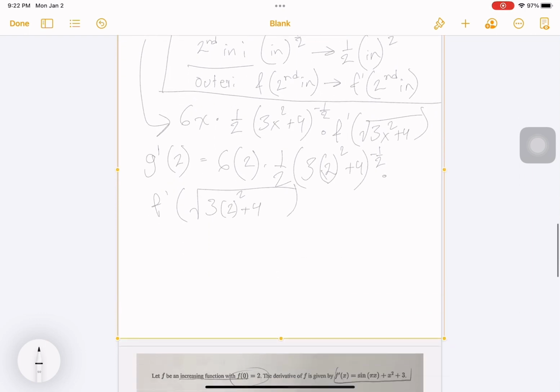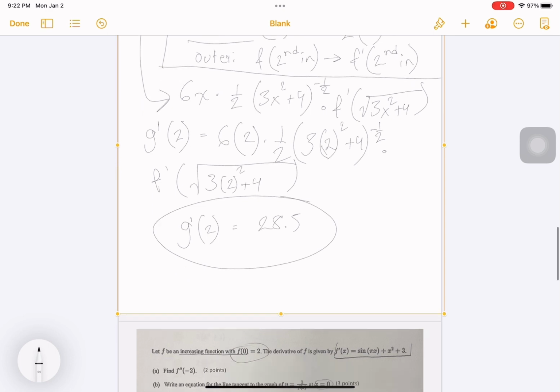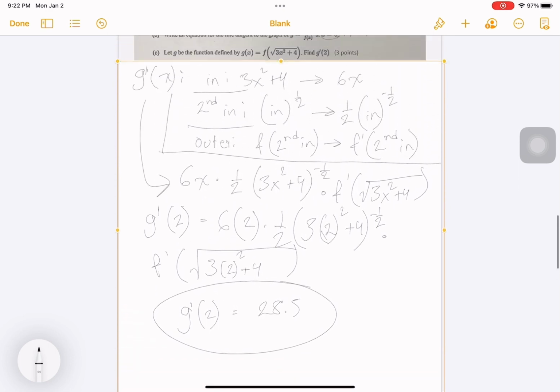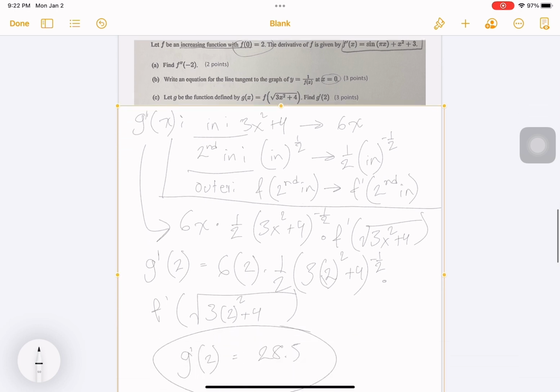And then if you solve all of this, you should get g prime of 2 as 19 times 1. You get 28.5 as your final answer. And that is the final answer for that.